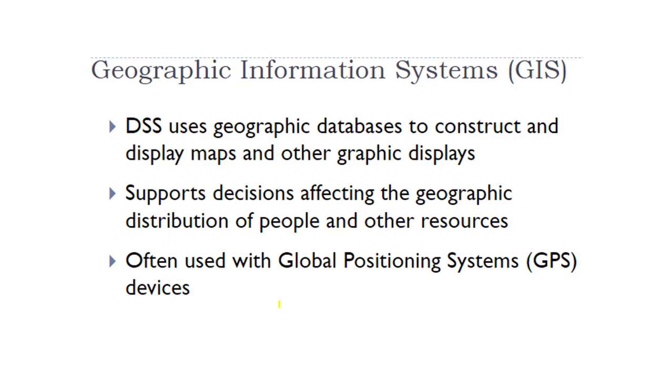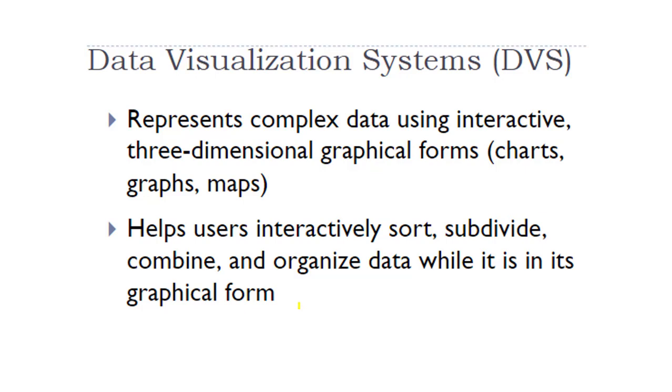So a data visualization system represents complex data in interactive three-dimensional graphic forms like charts, graphs, and maps. It helps users interactively sort, subdivide, combine, and organize data while it is in its graphical form.